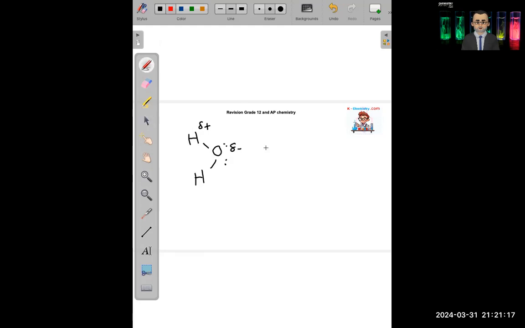So just make it oxygen. This is partially negative, and hydrogen partially positive. So the positive of this molecule will be attached to the negative of this one, and the negative of this one is attached to a positive of the neighboring molecule.